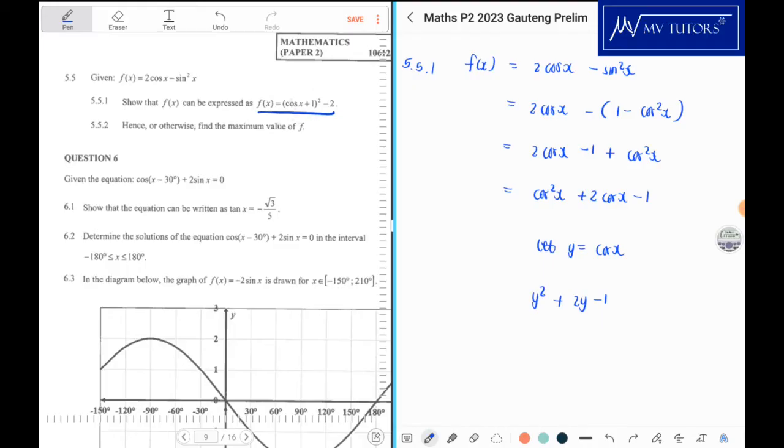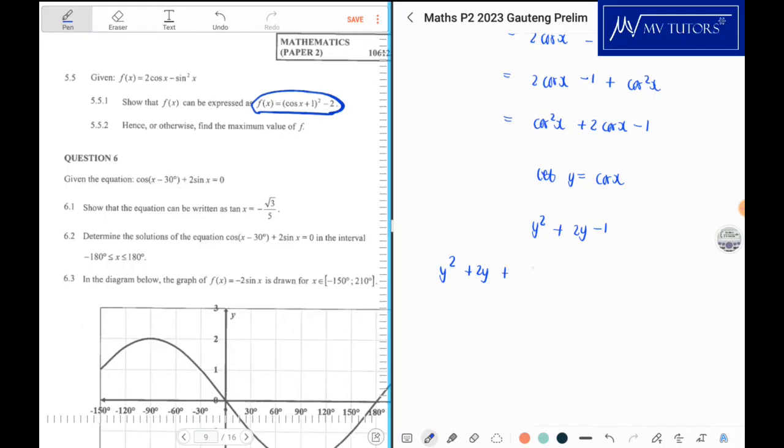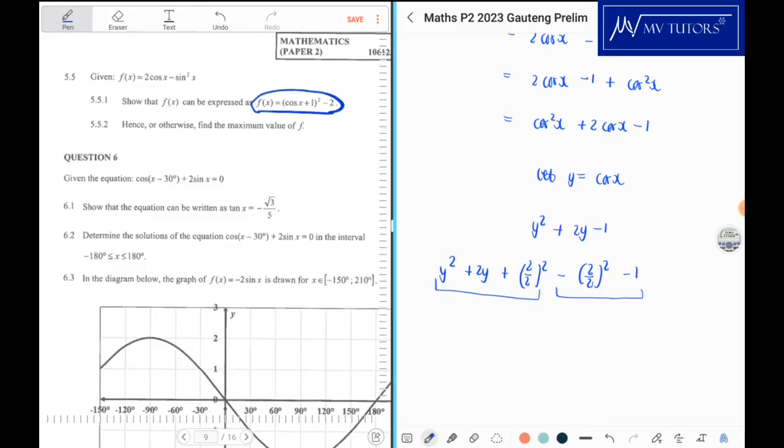So here I see that they actually wrote it in a form where you are completing the square. I hope that you see it. So if I were to complete the square, I hope you remember, I would have y squared plus 2y plus 2 divided by 2 squared, minus 2 divided by 2 squared, and minus the 1. So I would group these together and those together.